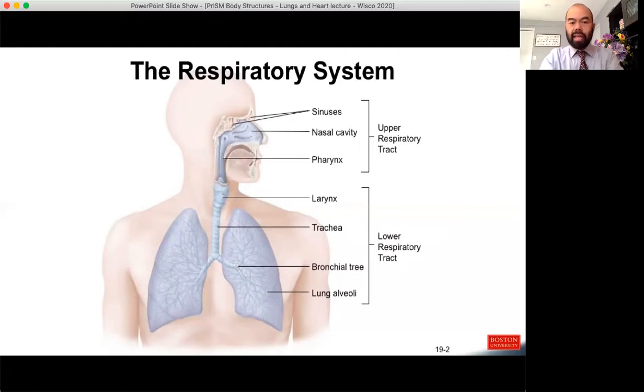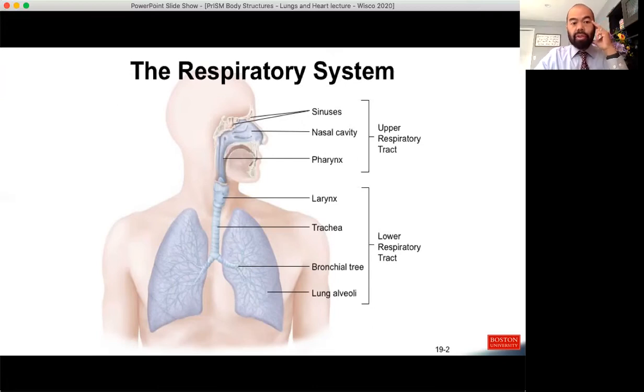One of the things that it does is it traps particulate matter. It warms the air, as I mentioned, and it is one of the first sites of immunological response to any of the particulate matter that enters into the airway. In fact, we have tonsils in the back of the pharynx, and those are important for that immunological response.